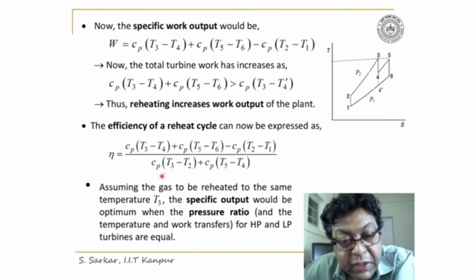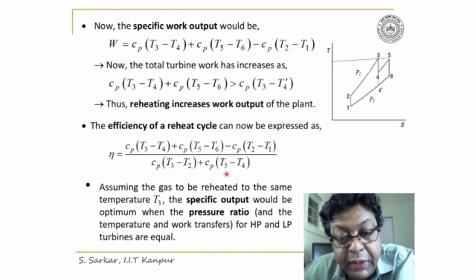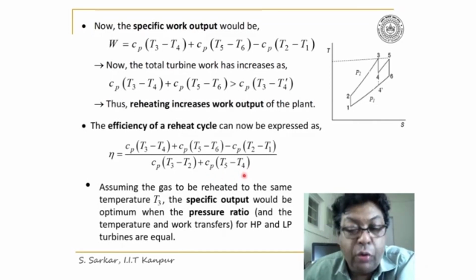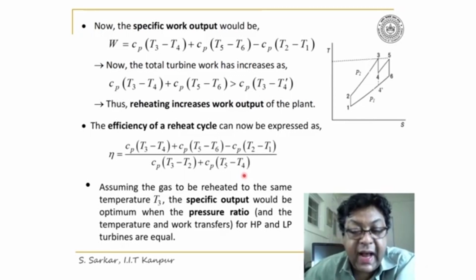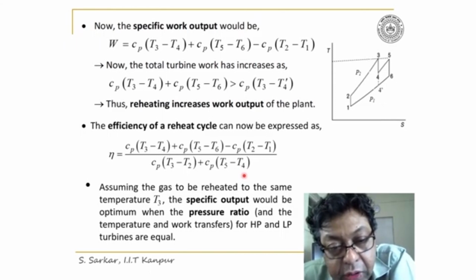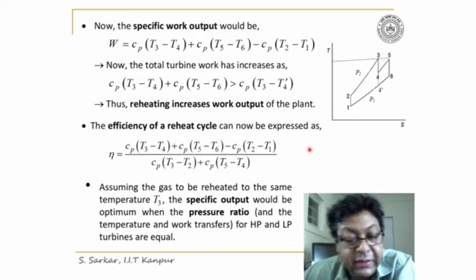Now that must be equal to Cp into T3 minus T2 plus Cp into T5 minus T4. That Cp into T5 minus T4 is the heat added during reheating. So this is the expression for efficiency of a reheat cycle.